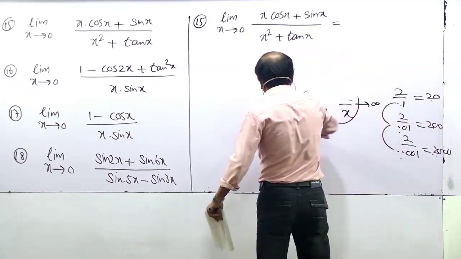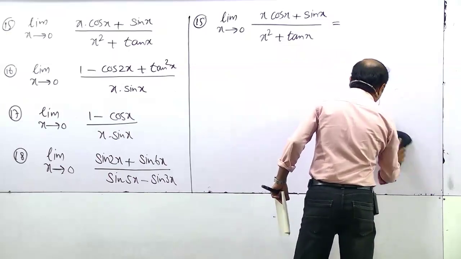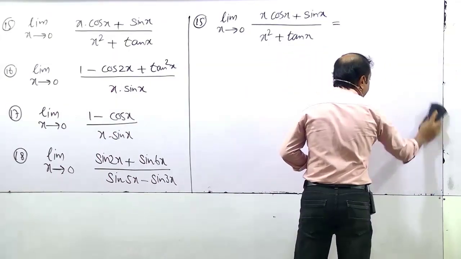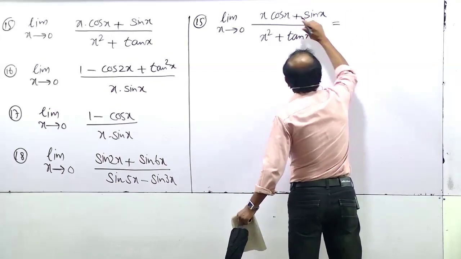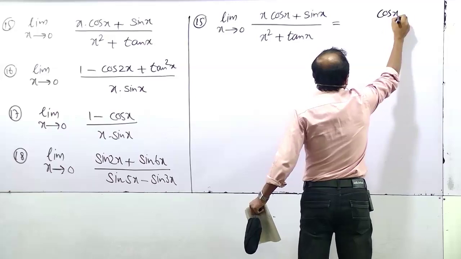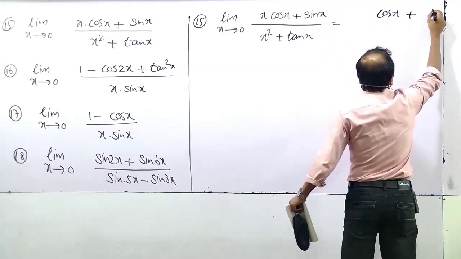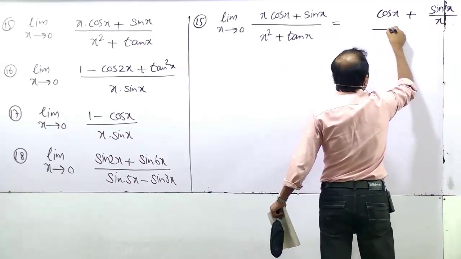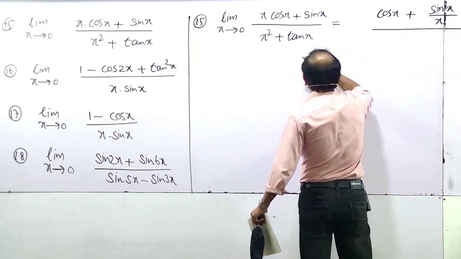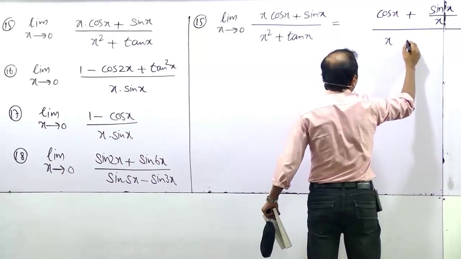All right, divide this numerator and denominator both by x. Here we get cos x, no? Right, here we get sin x upon x. Here we get x squared divided by x, which means x.